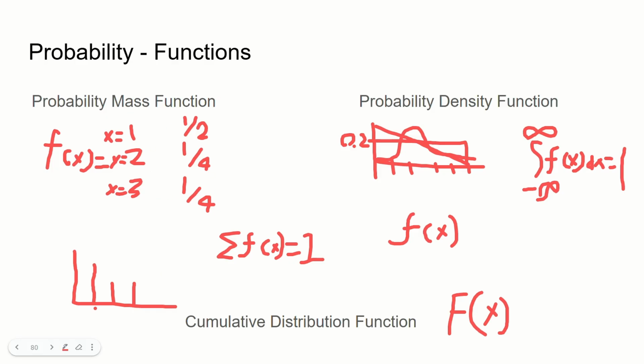So the cumulative distribution function would be 0 for less than 1. It would be a half between 1 and 2. It would go up a fourth between 2 and 3. And then it would reach 1 at 3 and then stay at 1 forever.